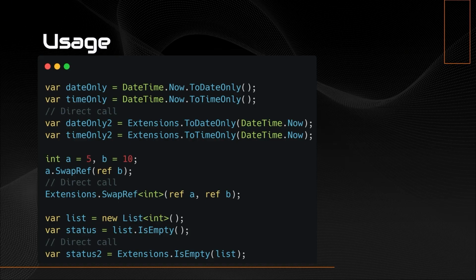Definitely the first one is the type you want to extend. This is the same for SwapRef and IsEmpty. I told you about instance members in extension methods, exactly like the list. We created an instance of List of int, and then the IsEmpty method appears.